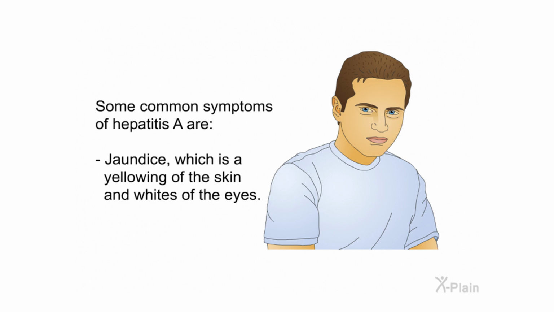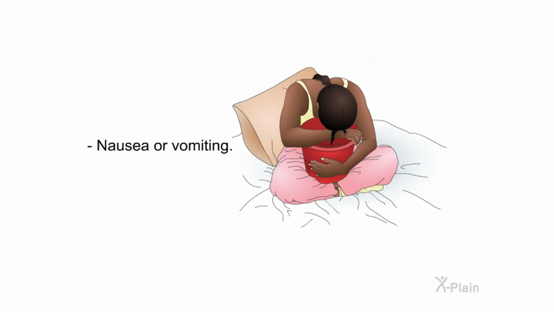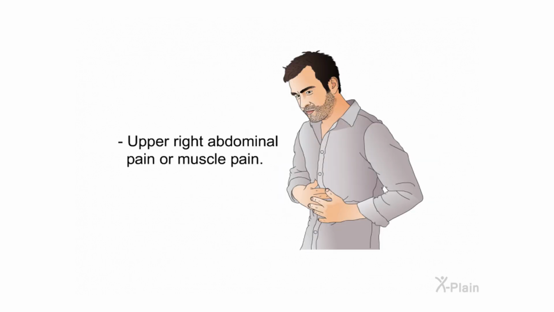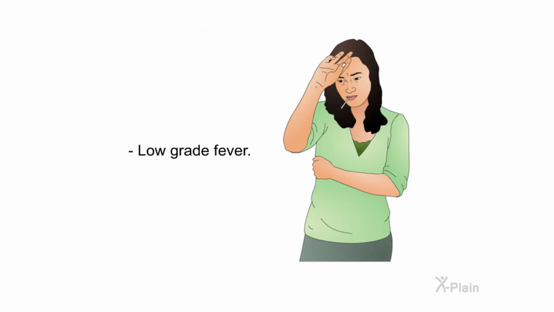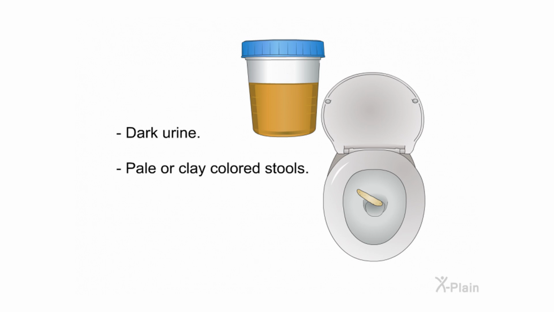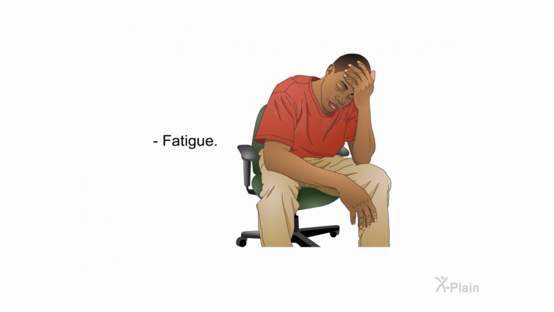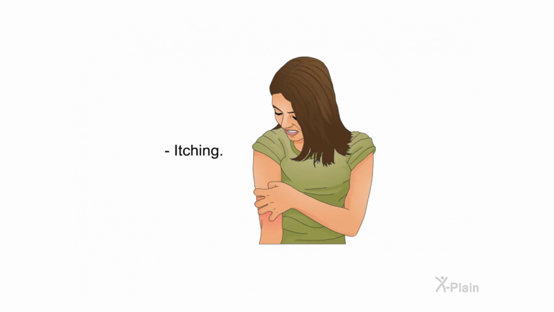Some common symptoms of hepatitis A are jaundice, which is a yellowing of the skin and whites of the eyes, nausea or vomiting, upper right abdominal pain or muscle pain, loss of appetite, low-grade fever, dark urine, pale or clay-colored stools, fatigue, itching.